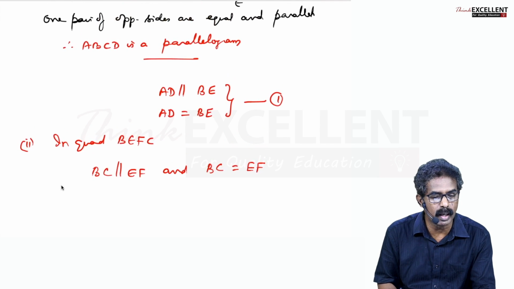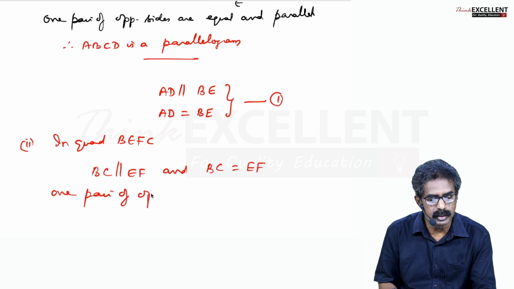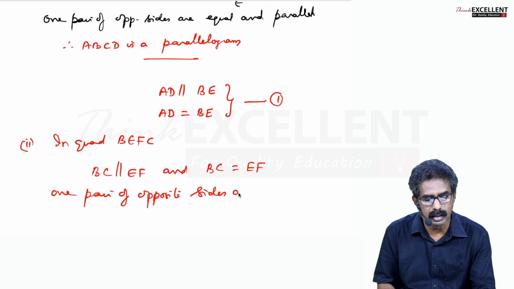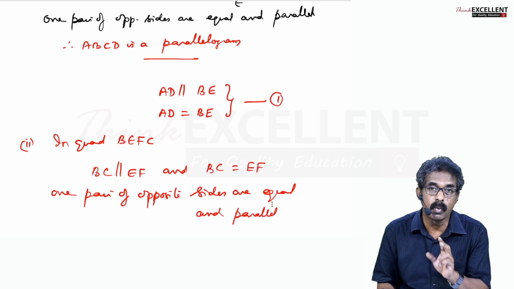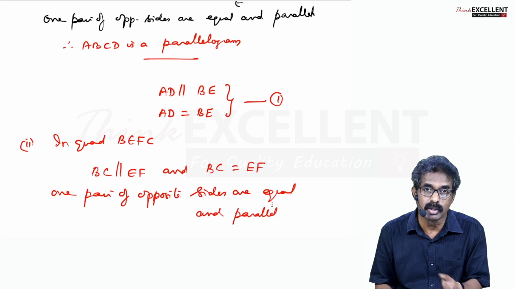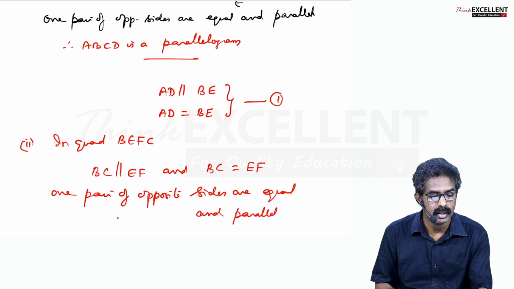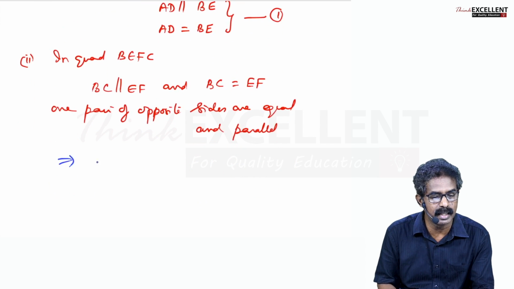So that is one pair of opposite sides that are equal and parallel. When you take one pair, you have to get both, they are parallel and equal. So you can say this is also a parallelogram, which implies BEFC is a parallelogram.